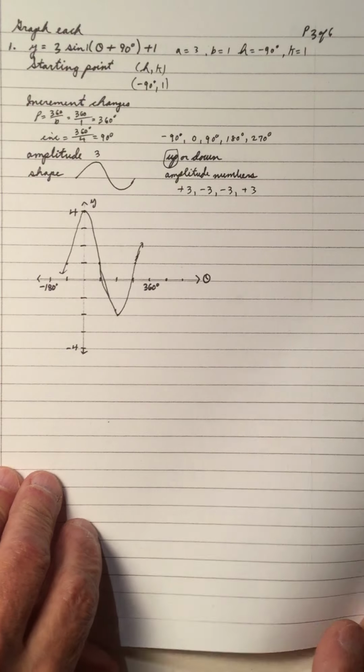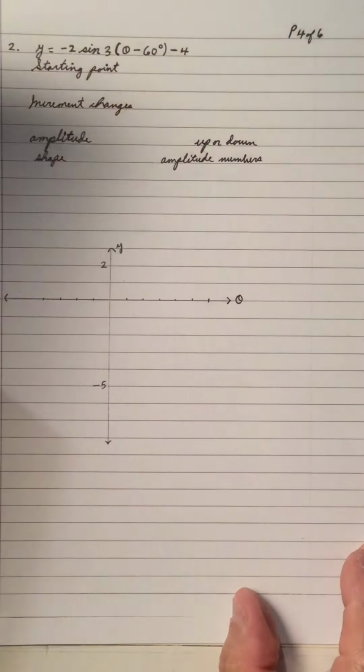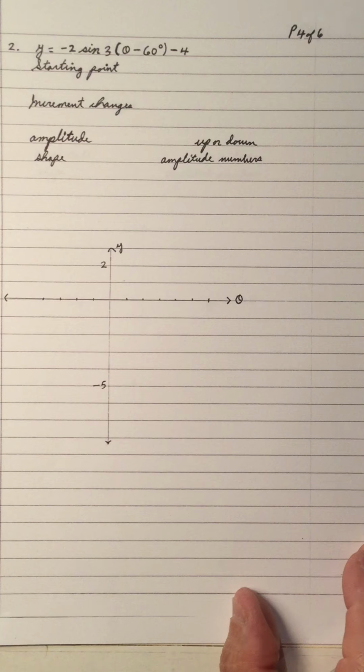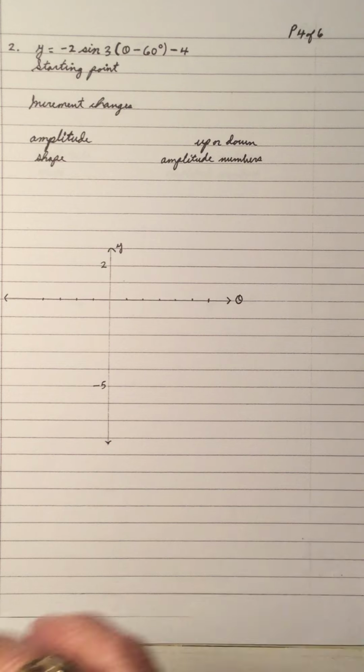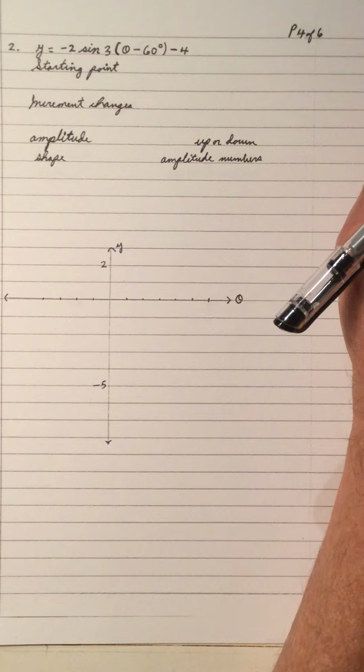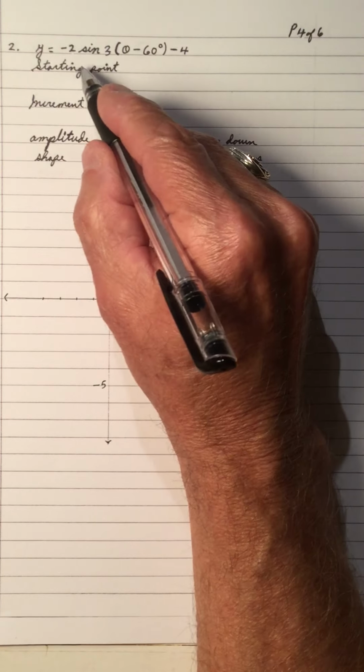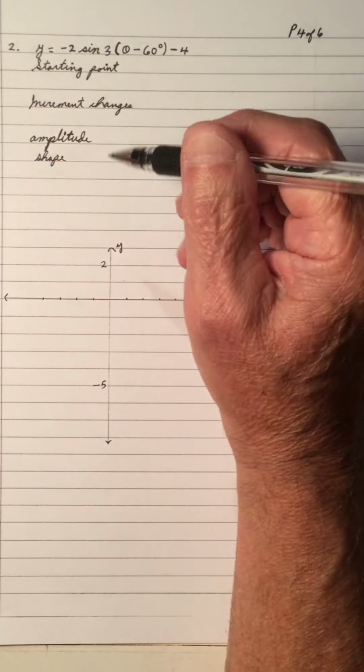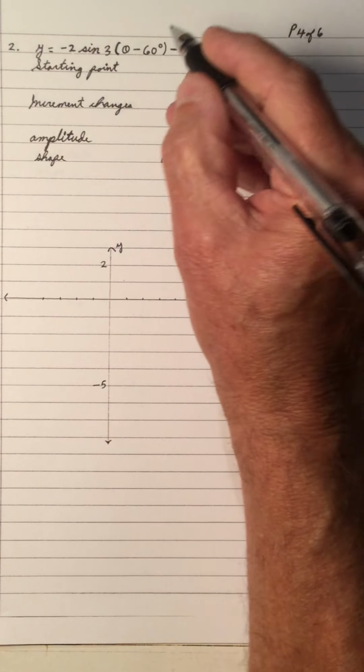Okay, let's do another one, hopefully. Again, you can graph them using the mapping rule with a basic table of values, get the mapping rule and sub in. But we're doing it with the starting point, increment change, amplitude, etc., to show you a different point of view.